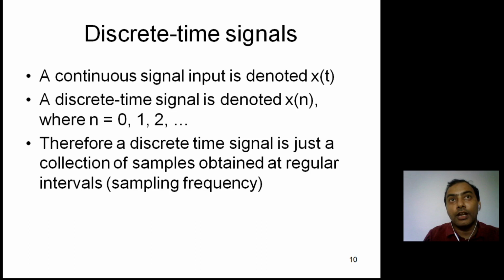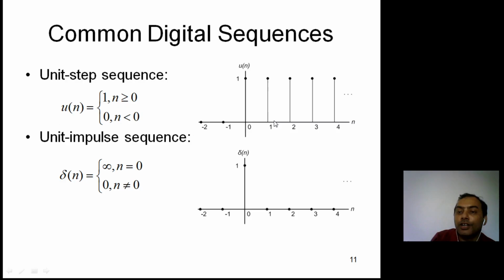So common digital sequences are the unit step and unit impulse sequences. What are the formulas? The unit step function is denoted u(n), and when n is greater than or equal to 0, the amplitude is 1, and when n is less than 0, the amplitude is 0. That is the unit step sequence.